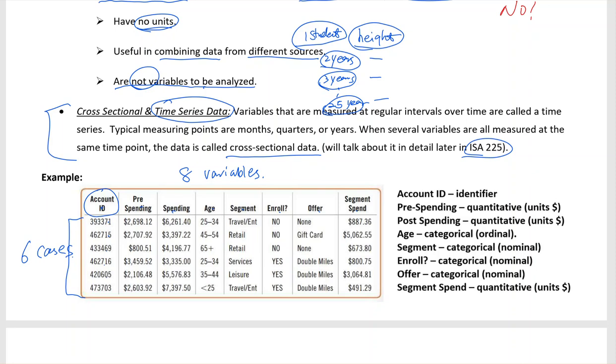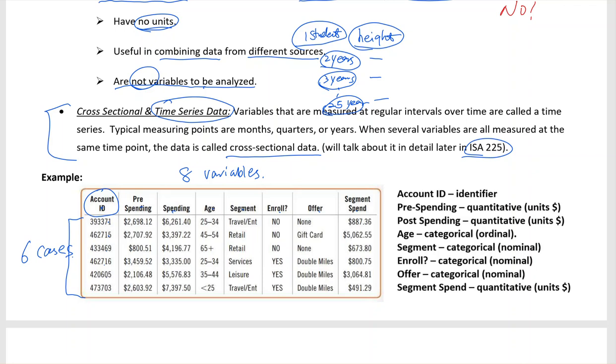Is it a categorical variable? Of course not, right? Account ID is just a number assigned to every account, so it doesn't mean anything, and it is not a category. It doesn't have many categories to belong to. So account ID is not a categorical variable.